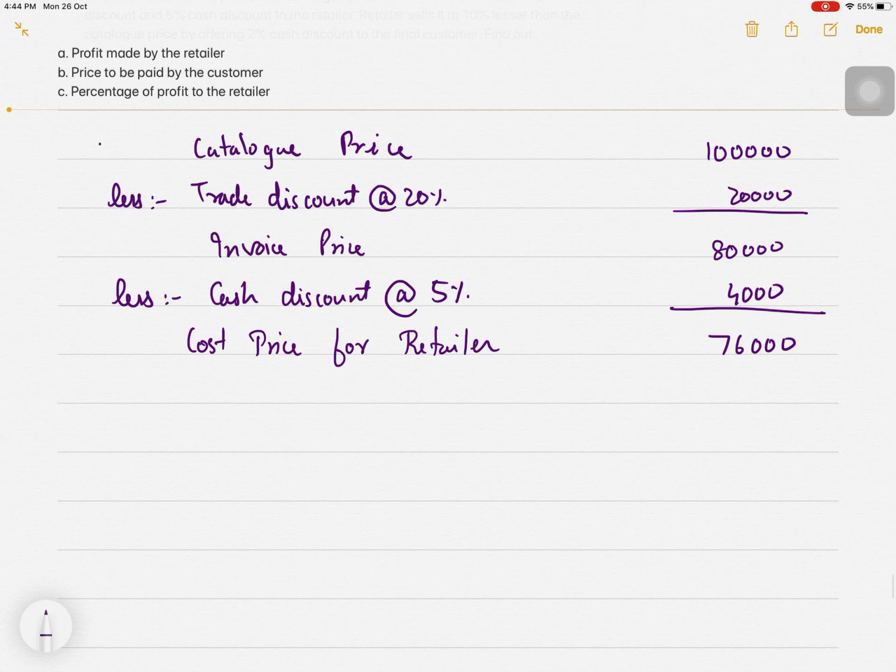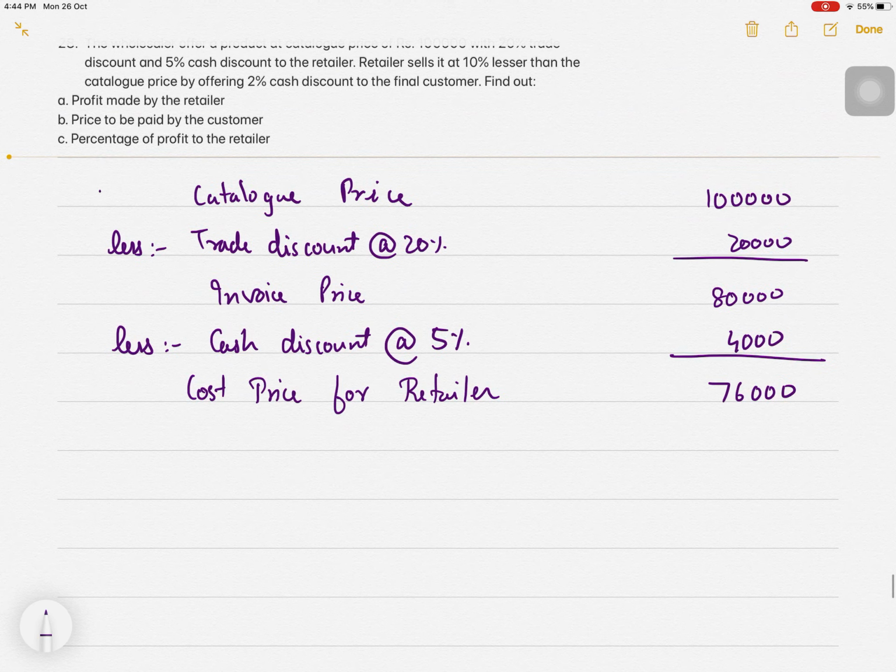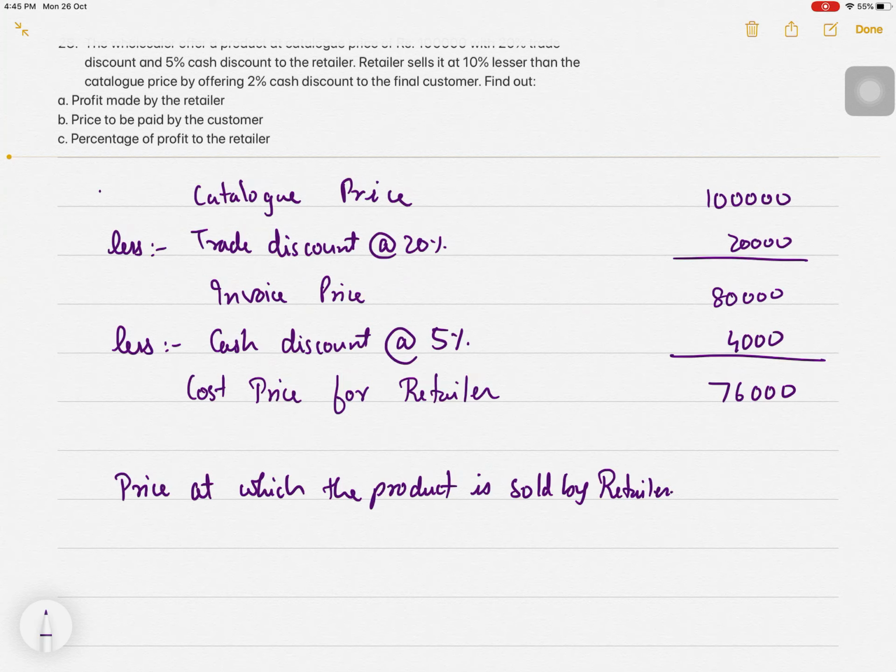Now the price at which the product is sold by retailer is catalog price minus 10%, and catalog price is 1 lakh minus 10%, which is 90,000.